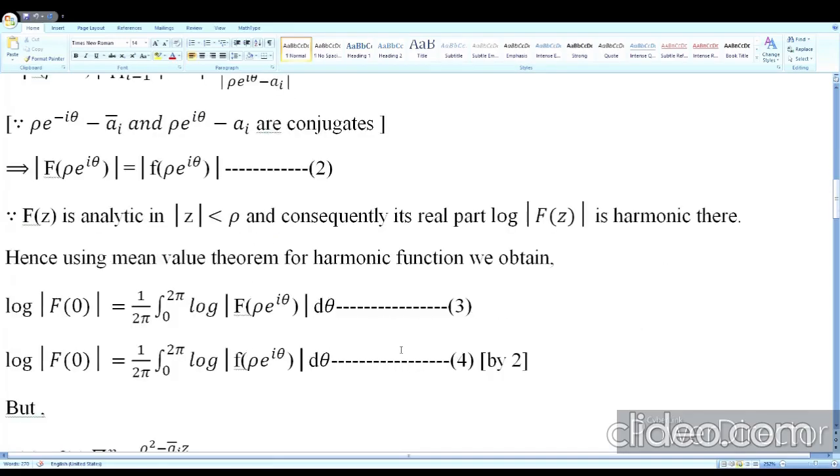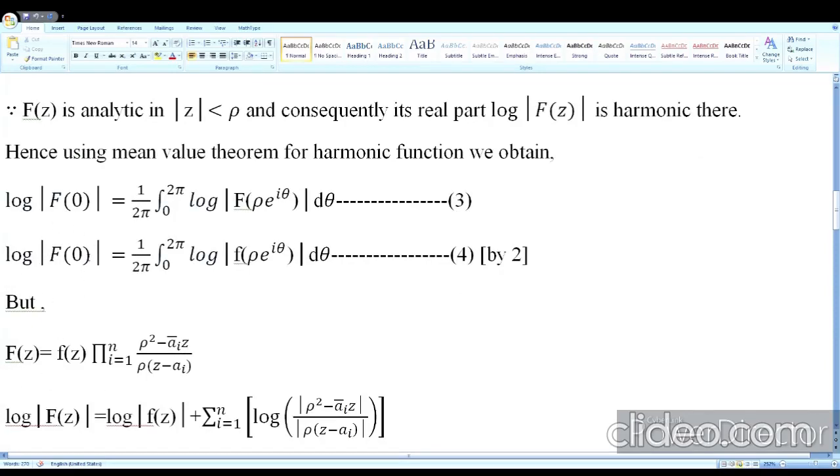We can write log|F(0)| = (1/2π) ∫ from 0 to 2π log|F(ρe^{iθ})| dθ. That is, we have in equation 2 that |F| = |f|, so we can replace this capital F by small f.